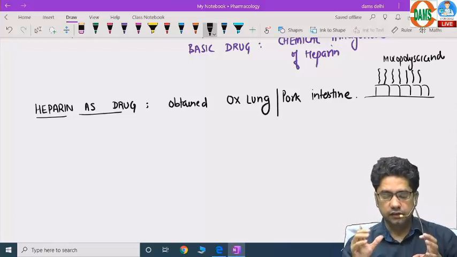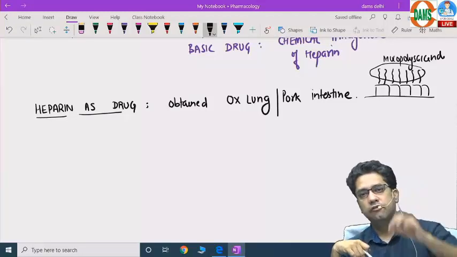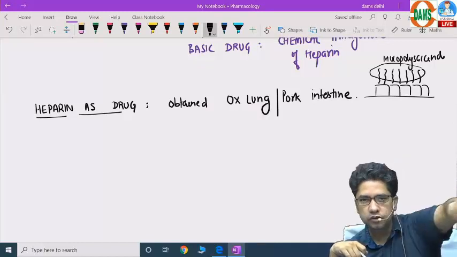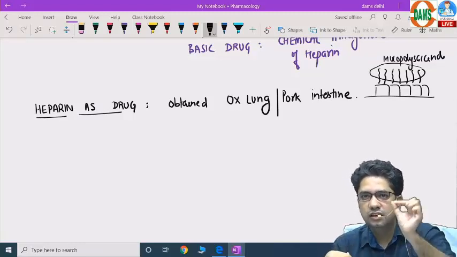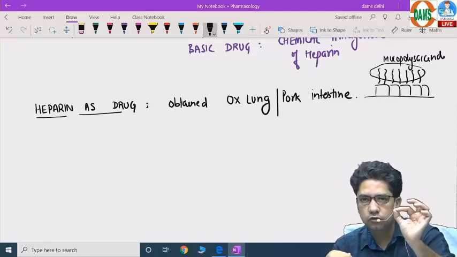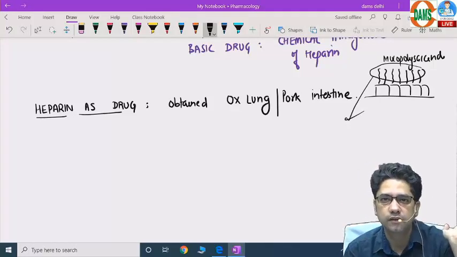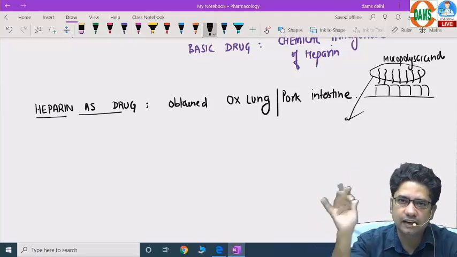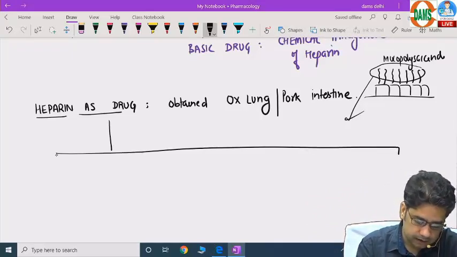So it is attached. Now understand this part. When we directly obtain this heparin from pork intestine or ox lung, the heparin that is on their intestine and lung, and we use this crude preparation directly in humans without filtering it at all, this form of heparin you will write is known as crude heparin.